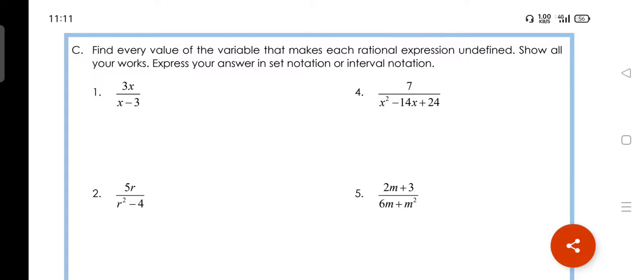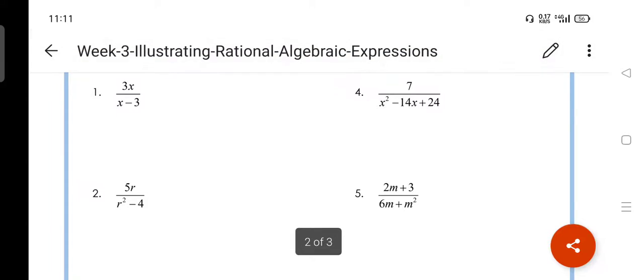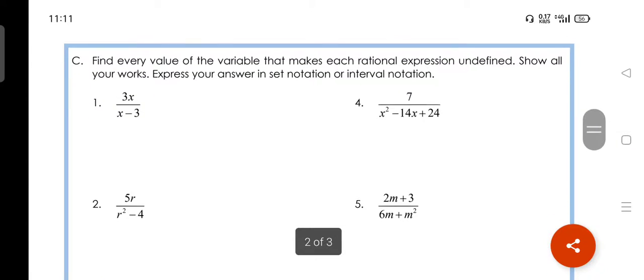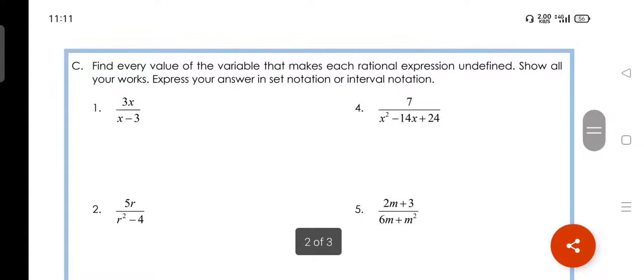The first method we can use to determine the possible replacement set, or to determine the values that are not possible for the variable in the denominator, is by observation, just like in number 1, x minus 3.